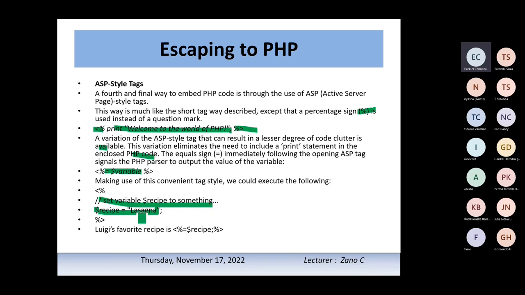So you can just say Luke's favorite recipe is, then you put the equal sign, and then you put the variable there. So what does it do? It will take the value in this recipe variable, and then it will insert it here, and then the statement will be: this favorite recipe is something something.